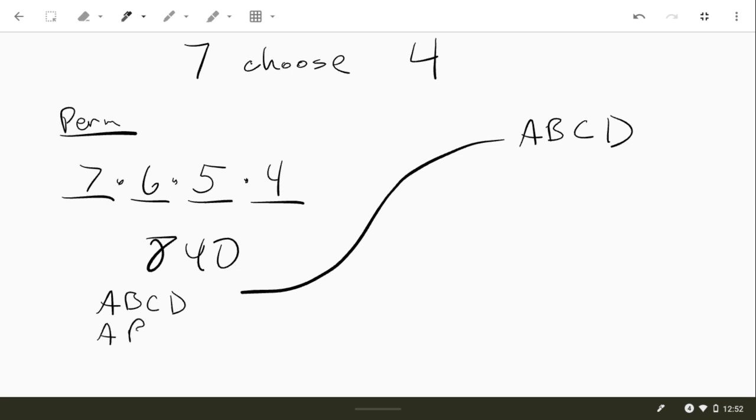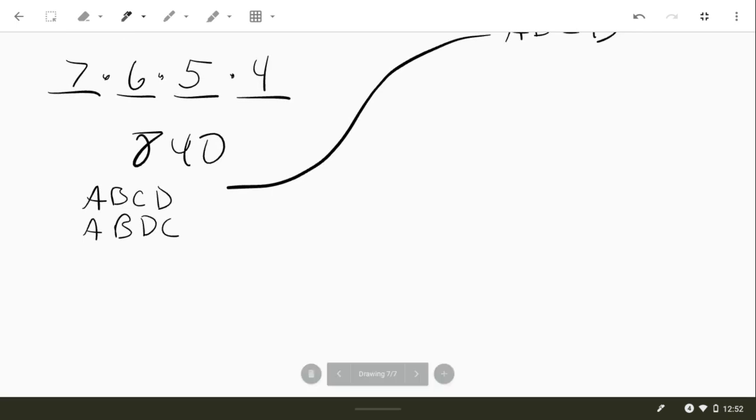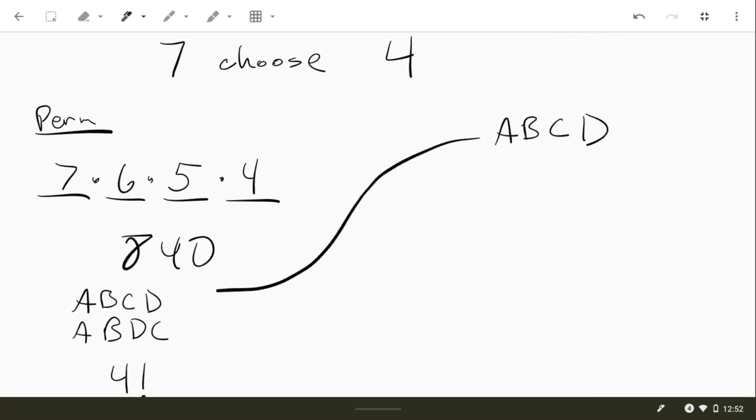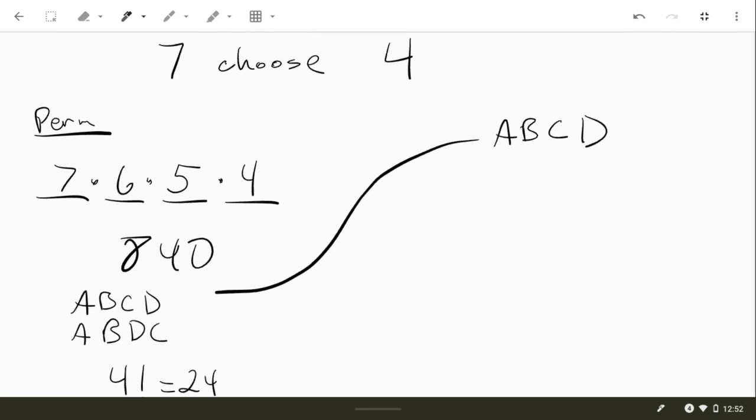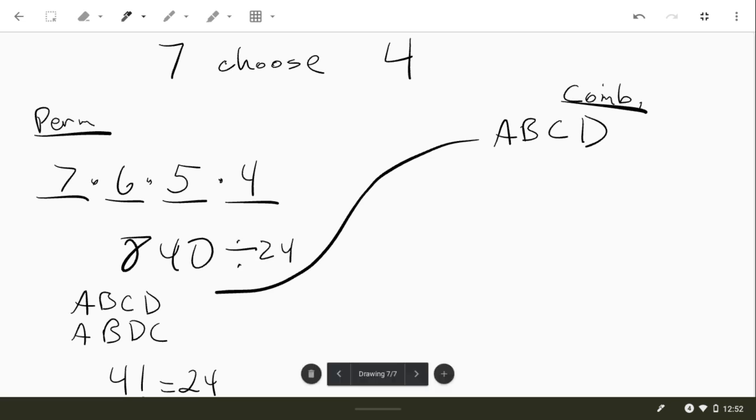Because there are 4 objects, there were going to be 4 factorial permutations of those 4 letters, which turns out to be 24. And so we were able to answer the combination question by just taking this 840 and dividing it by 24. 840 divided by 24 gives us 35.